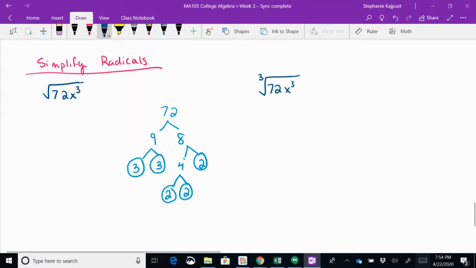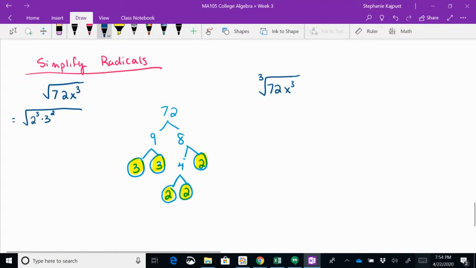So I'm going to take my radical, and instead of writing 72, I'm going to start with the lowest number. So I have 2 and 2 times 2. So there's 3 of those, so that's going to be 2 to the 3rd power. And then I've got a 3 times 3, so that's going to be 3 squared.